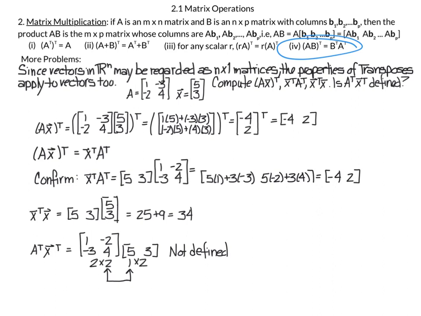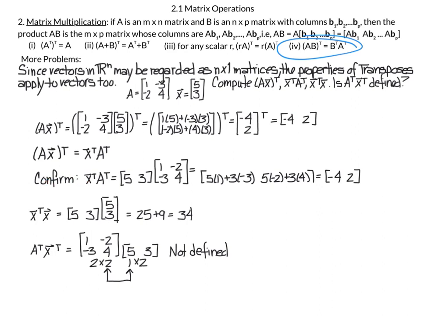So that's B transpose, A transpose. So in other words, x transpose A transpose should equal (Ax) transpose, which we just computed. So this next answer for x transpose A transpose should equal negative 4, 2. But I went ahead and did the calculation full out just to confirm.